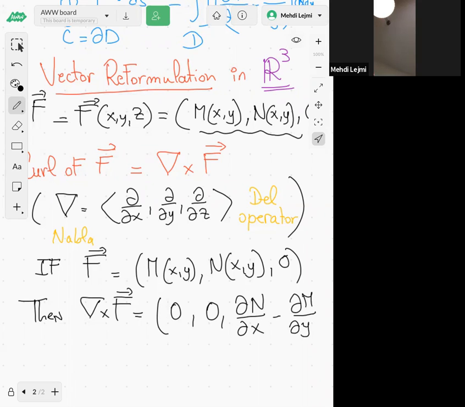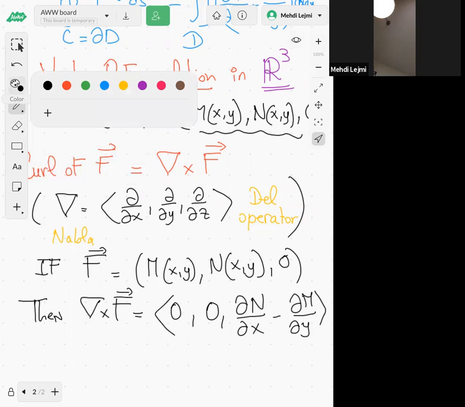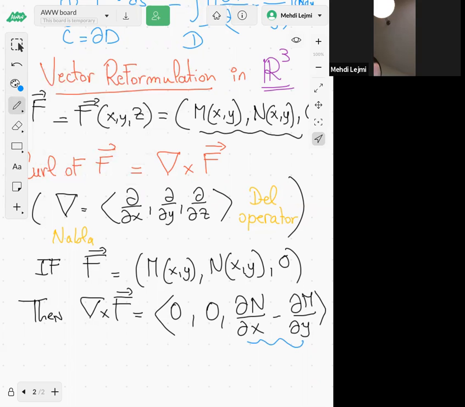And this is exactly the term that appears in Green's theorem, right? It's in the k component, so it equals partial N, partial x, minus partial M, partial y, times the vector k.